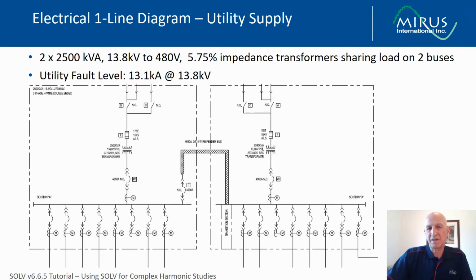There were two 2500 kVA, 13.8 kV to 480 volt transformers with about 5.75% impedance sharing the load on two buses. Our request to the utility easily yielded the necessary fault level data of the electrical supply, which was 13.1 kA at 13.8 kV.